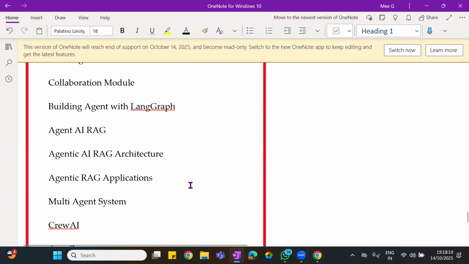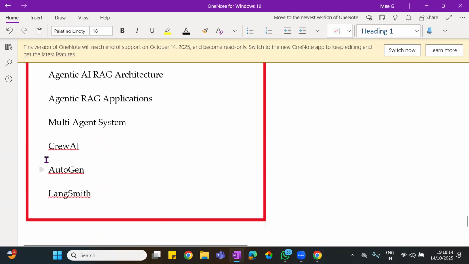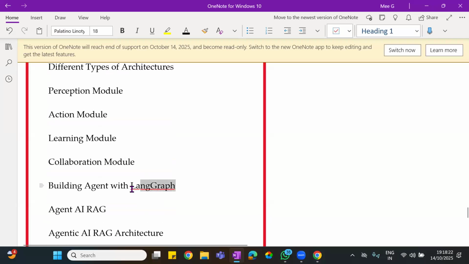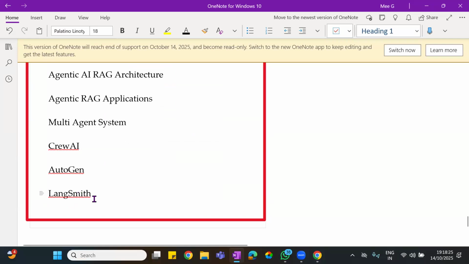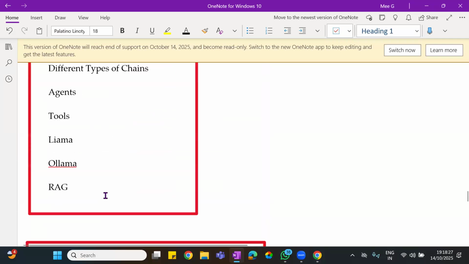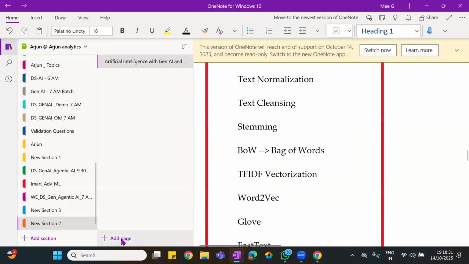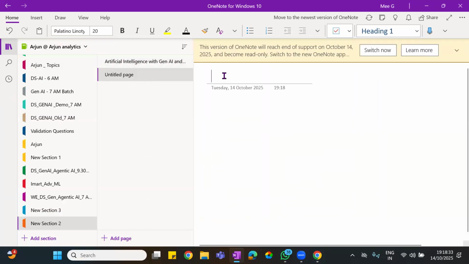Here agentic RAG applications, multi-agent systems, CrewAI, AutoGen, and we will give you an overview, with a detailed explanation about LangGraph, then LangSmith. These are the ones we will be covering. Now let's go to the next level. As I told you, this will be a 4 day demo, or it may extend one more day.